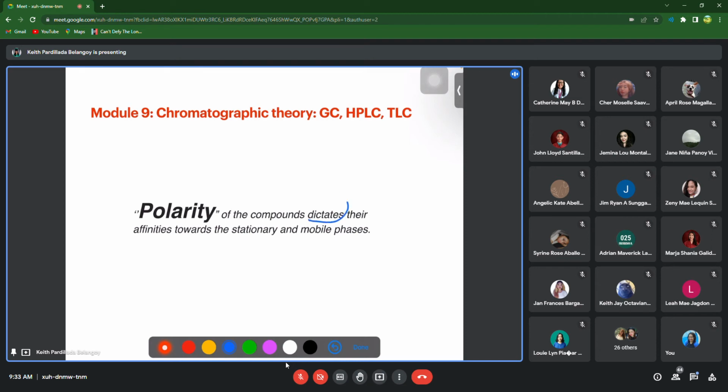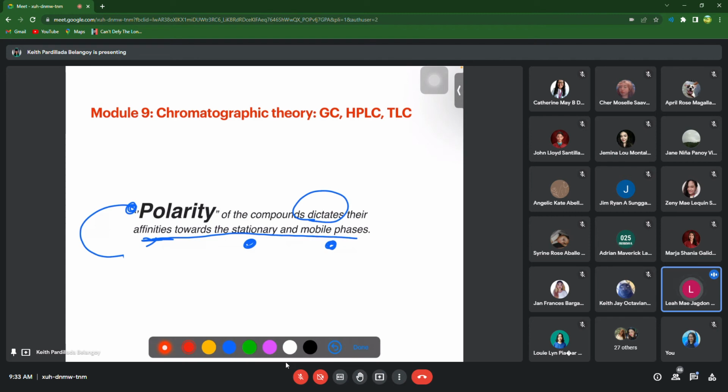It dictates the affinities towards the stationary phase and the mobile phase. Adsorption talks about the stationary phase, solubility dwells on the mobile phase, and affinity is dependent on the polarity. So what do you remember about polarity? Sir, any idea about polarity? Maybe you can try.